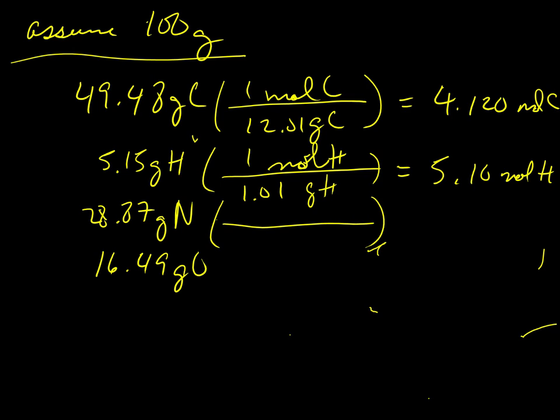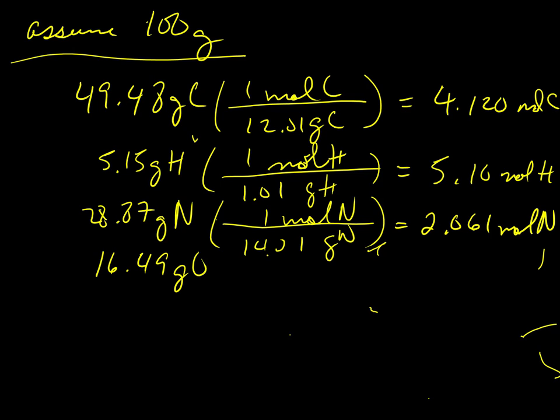Same for nitrogen, grams of nitrogen to moles of nitrogen. 1 mole is 14.01 grams. 28.87 divided by 14.01 equals 2.061 moles of N. And for oxygen, see, it's getting tedious, not hard.